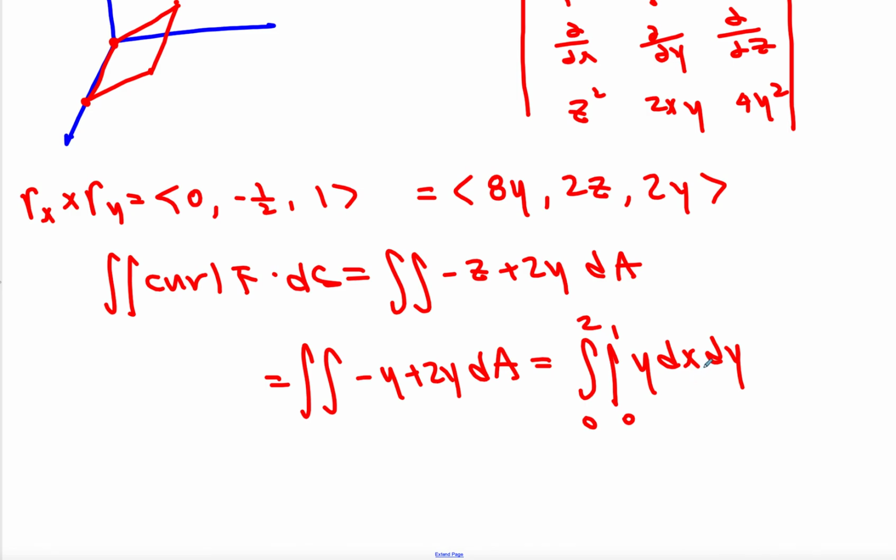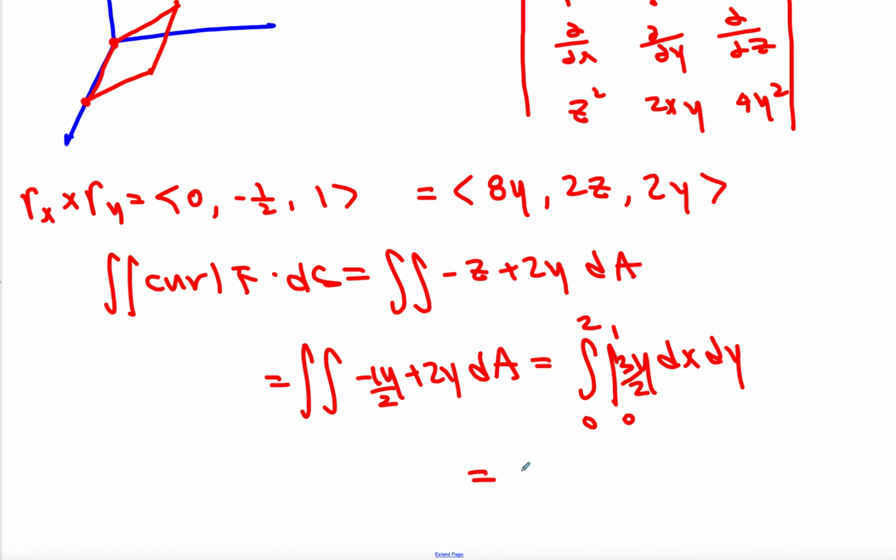So then what do we end up getting? In this case, actually, I think I might have miscalculated here. 1/2, then it becomes 3 over 2.